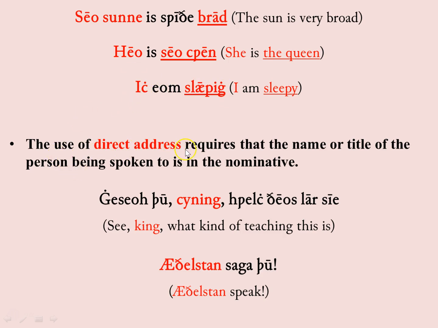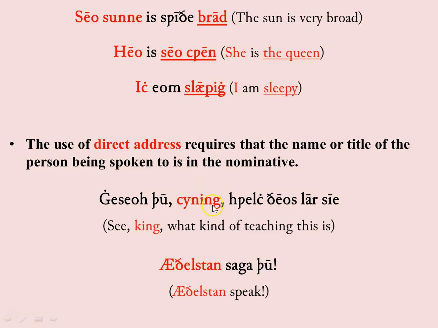Now, the use of direct address, requiring a name or title of the person being spoken to, is in the nominative. So we have here, Eala þu cyning, hwæt is þis lar. So what it's saying is, see, king, what kind of teaching this is. Now what it's saying here, the king is being addressed directly.